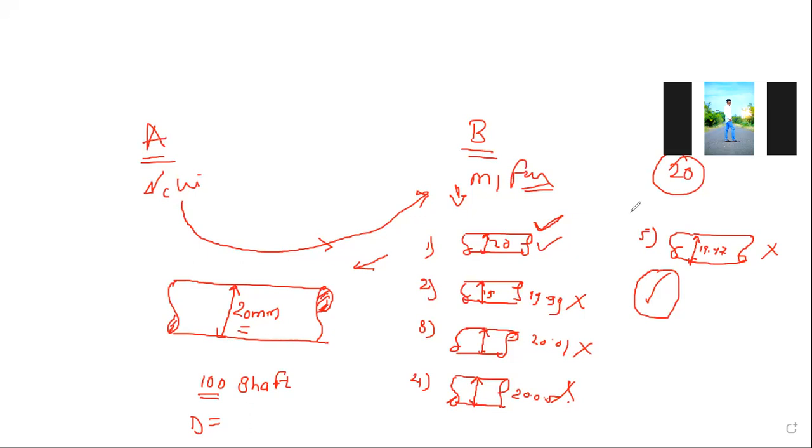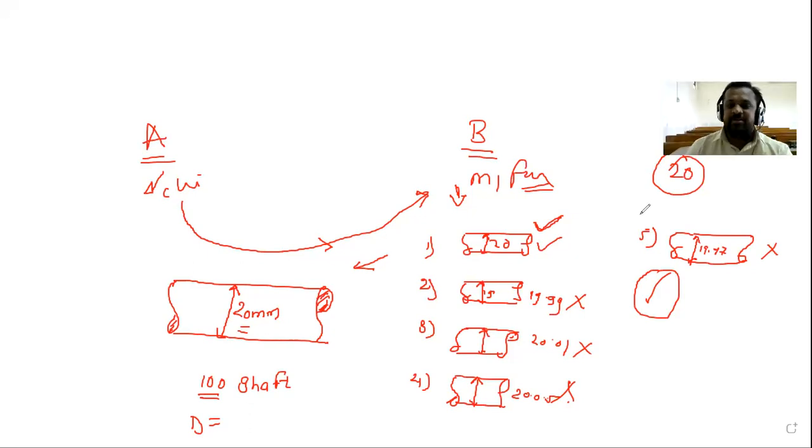No. Okay, for this purpose we are giving two permissible allowable values, two extreme permissible values.